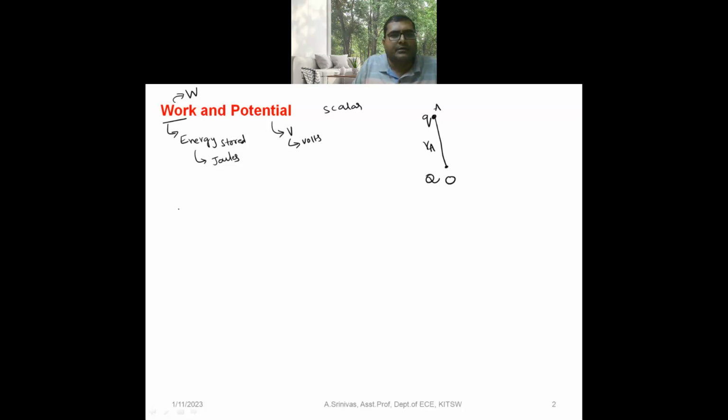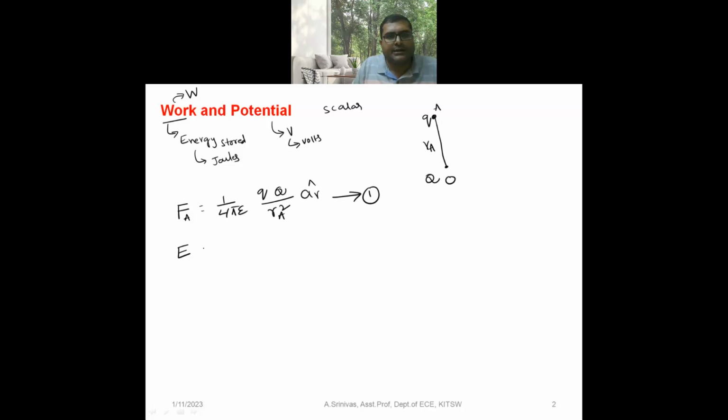Now the force at A is equal to 1 by 4 pi epsilon small q capital Q by RA square. The direction of the force is AR cap, equation 1.